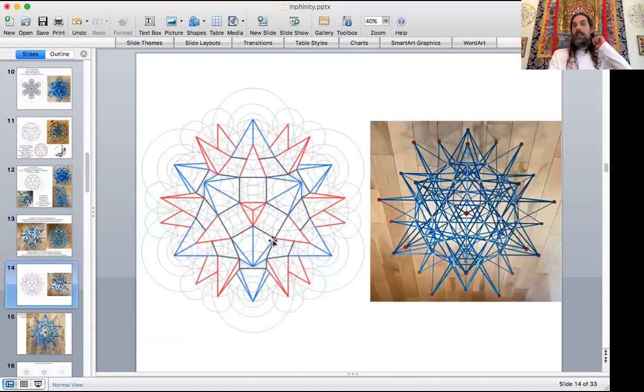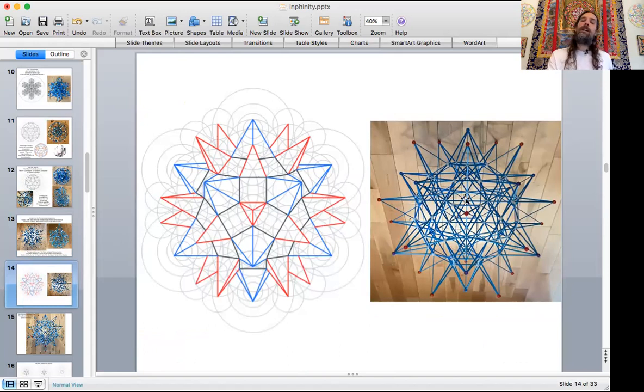And now this is it in the golden template, golden matrix circles here. So here are the blue ones. That is the small stellated. The red is the great stellated dodeca. And this one I had to flip upside down, so it looks like the floor is on the ceiling.